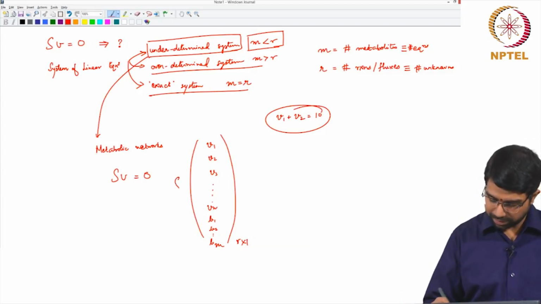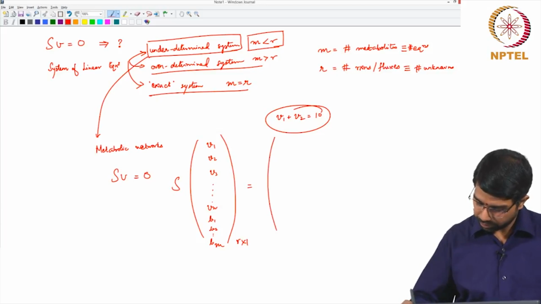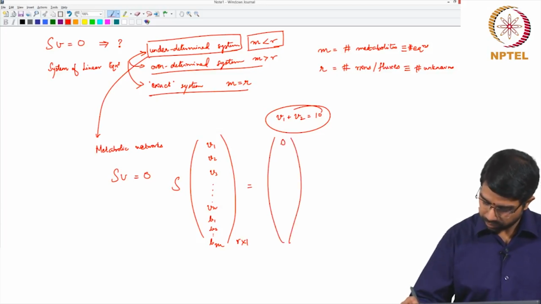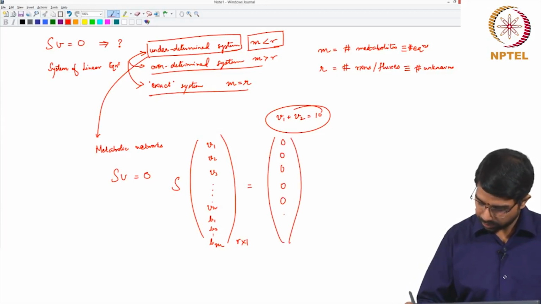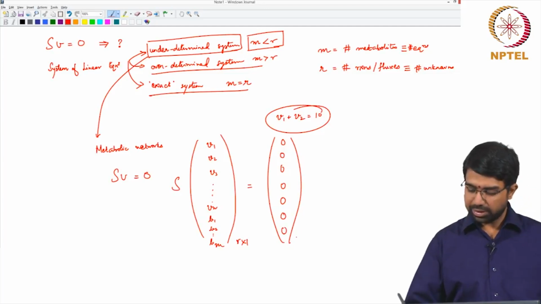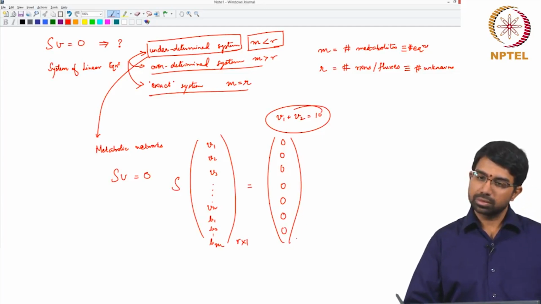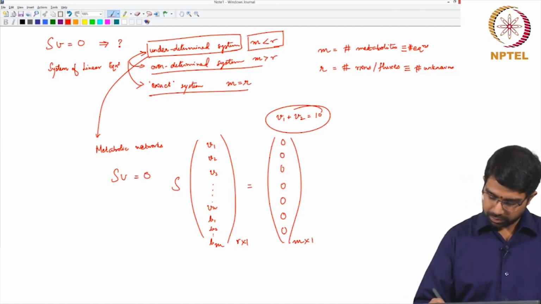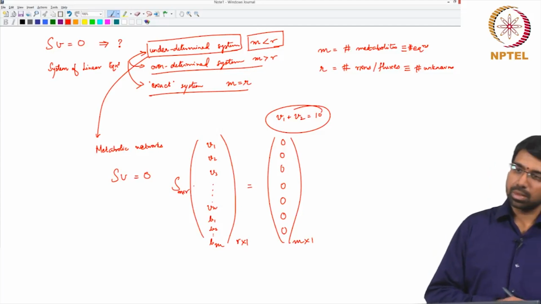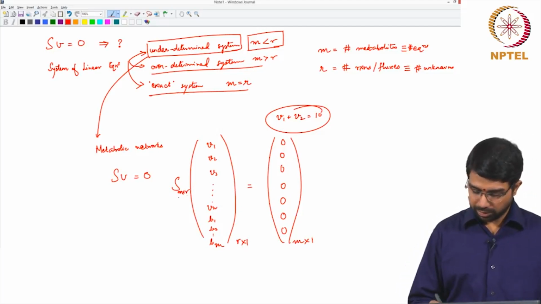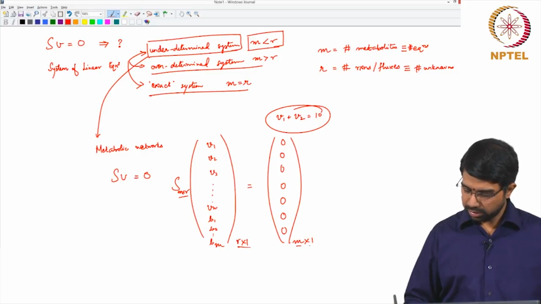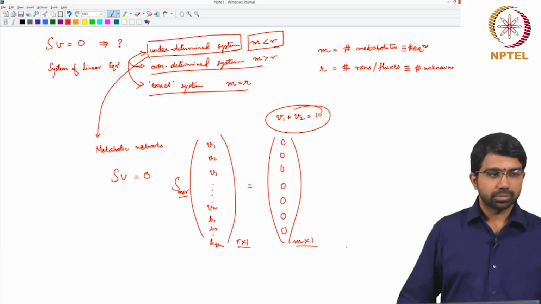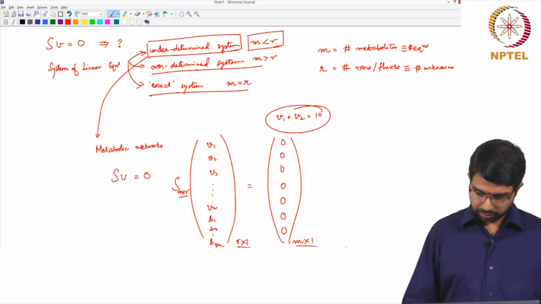This is what multiplies S. What is the size of this vector? Right. So, this is going to be M cross R, this is R cross 1, this is M cross 1. Clear?